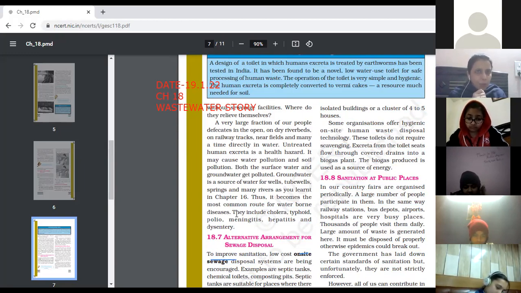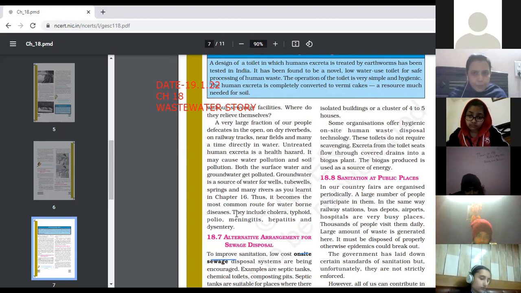So it's a duty of each and every human being that he or she should not spread the waste material here and there. They should not defecate in the open, because that can pollute the soil, the upper part of the soil, and the groundwater. Water pollution, all things can be polluted. So it is a duty of each one of us not to spread the waste here and there.